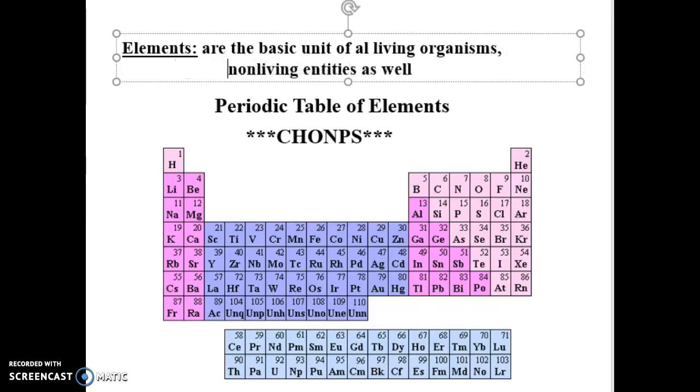Okay, so elements are these basic structural components. Now the periodic table of elements, this one here, has 110 elements listed. There are 92 naturally occurring elements known to science. Fascinating thing is we're finding new ones. There's new elements being added to the periodic table. Doesn't happen often, but there have been a few new ones discovered.